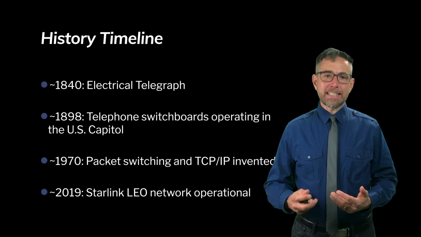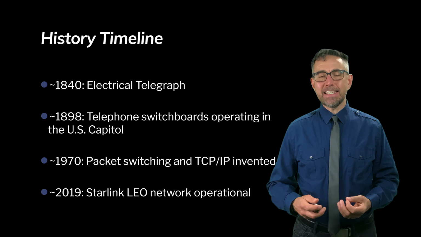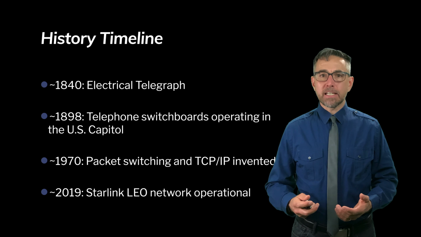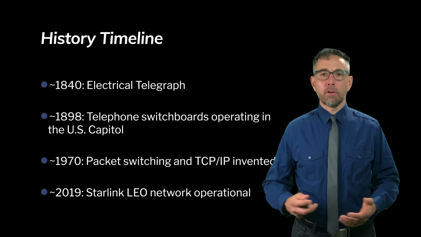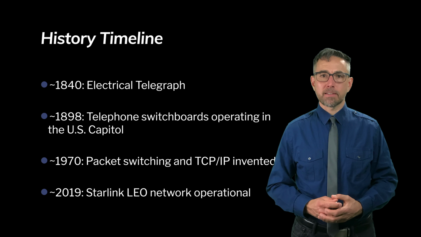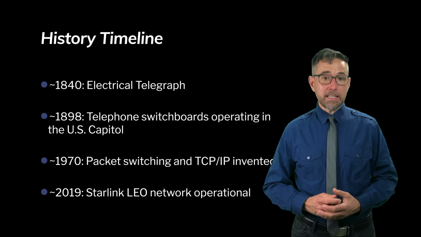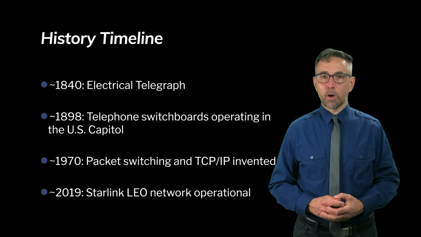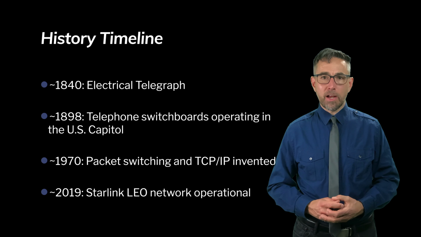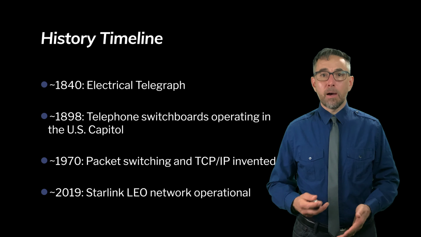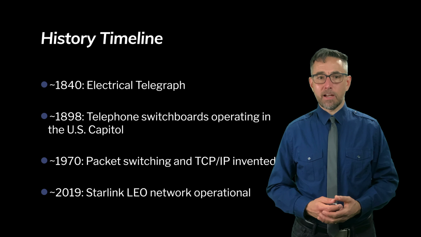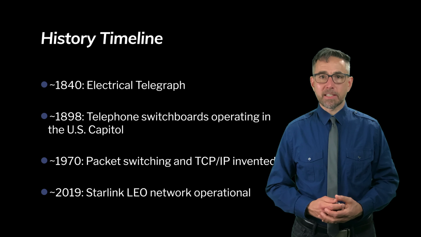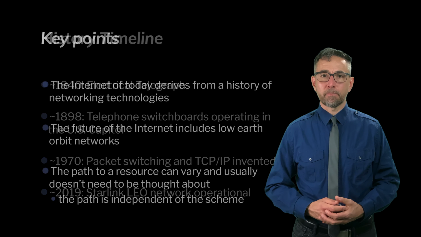And around 1970, packet switching and TCP/IP were invented to connect predominantly military and university computers across the United States. And then it was 2019 when the Starlink low Earth orbit network began to become operational, not in a commercial setting, but in a testing and beta testing scenario. And certainly this is something that's going to become more prevalent in the near future.